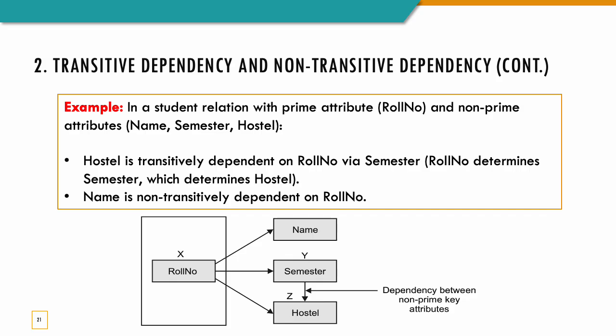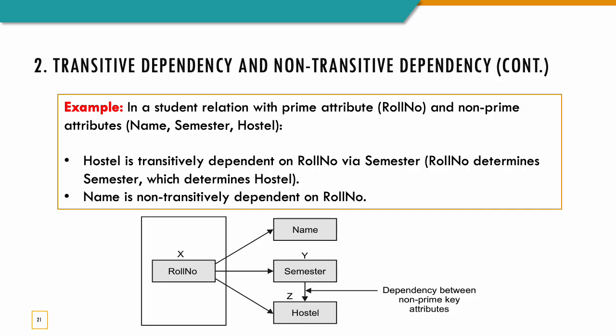Alright, so let's understand the transitive and non-transitive dependencies with the examples given in the image. You remember that transitive dependency occurs when one attribute indirectly determines another attribute through a third attribute, right?